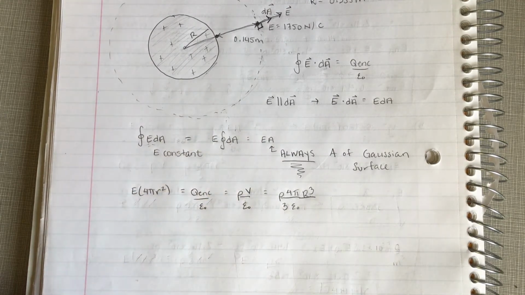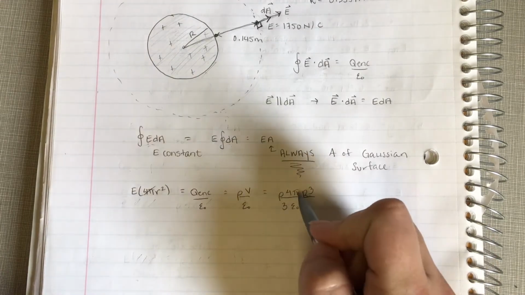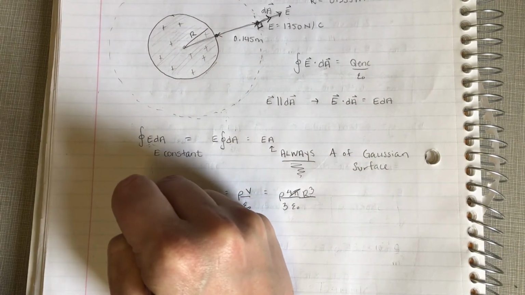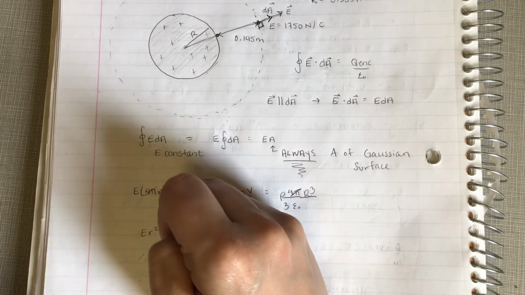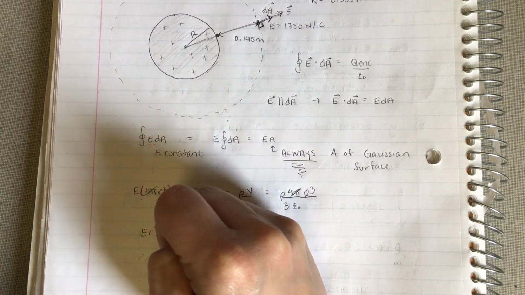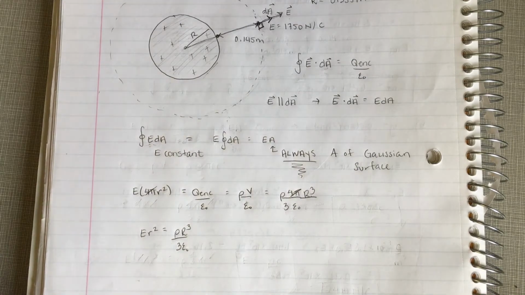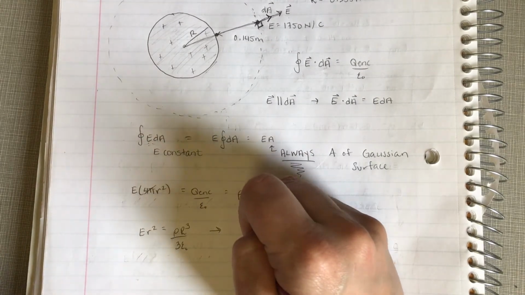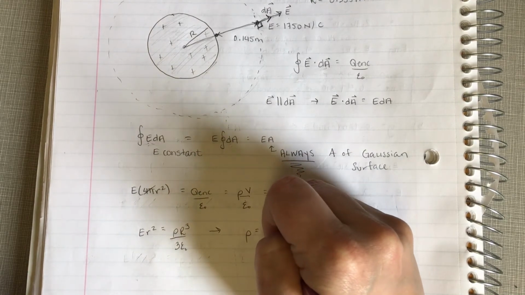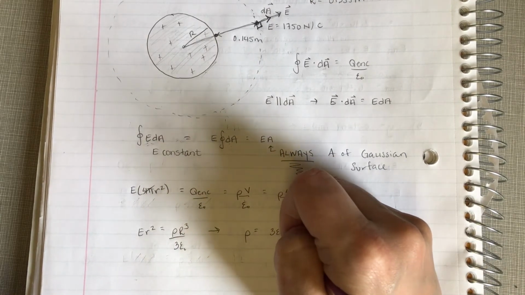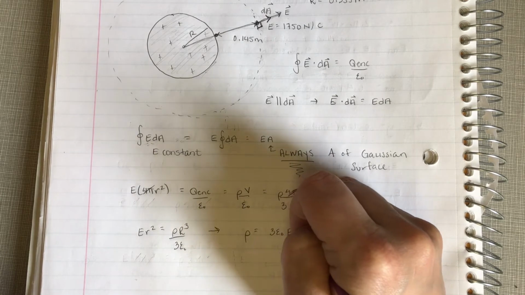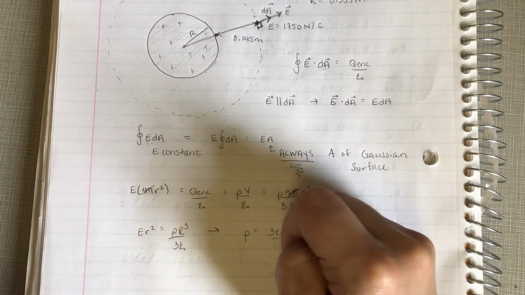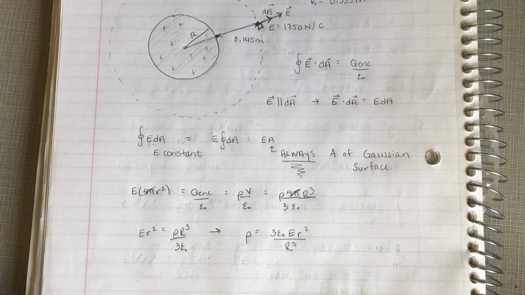All right? So here my 4 pi's cancel out. So I have E times little r squared is equal to rho big R cubed over 3 epsilon 0. So solving for rho, we get 3 epsilon 0 E times little r squared over big R cubed. And that's it.